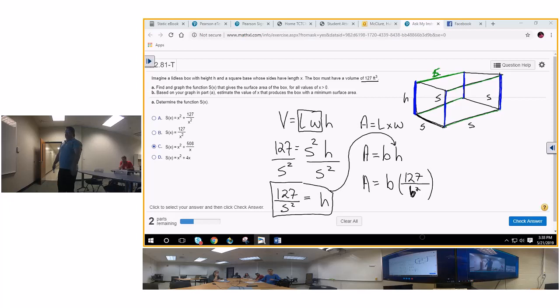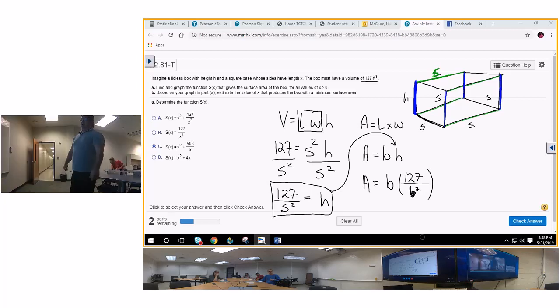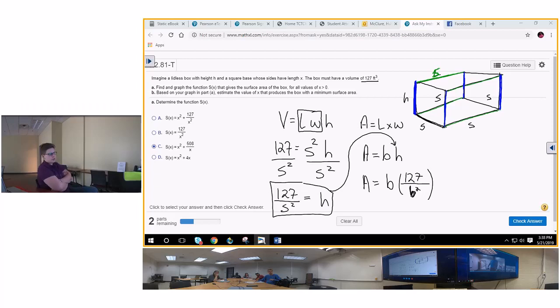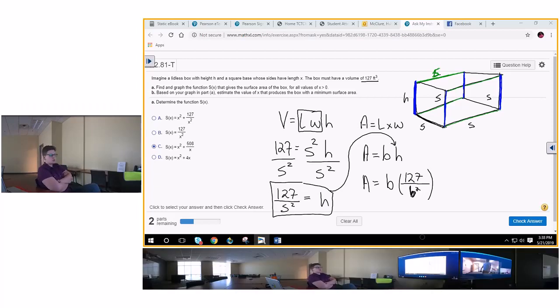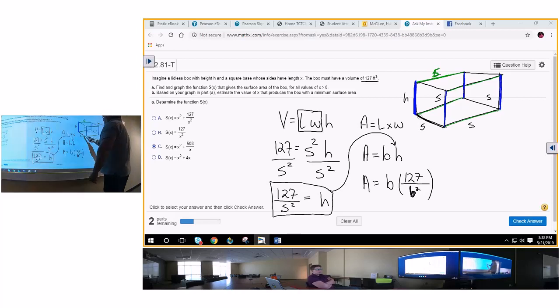Well, yeah. And that's where this comes from right here, the 127. So where did you change S squared to B squared? Because S is B right here. See? It says it's a square.